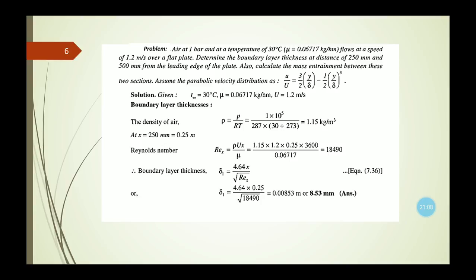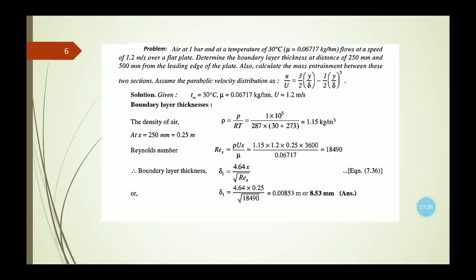Now the density of the air can be calculated as rho = P/RT. The value of P is given as 1 bar, which can be written as 1 × 10^5 Newton per meter square. The value of R is a constant that we need to remember, 287, and the temperature is given as 30 degrees centigrade, which can be converted into Kelvin.